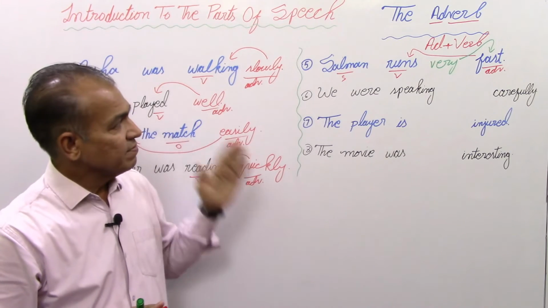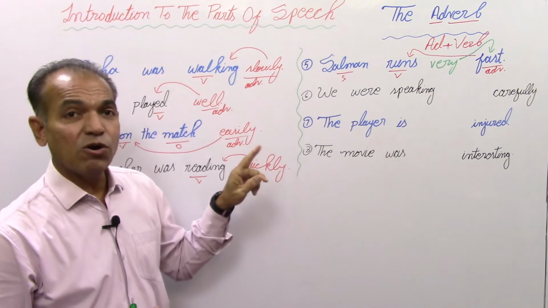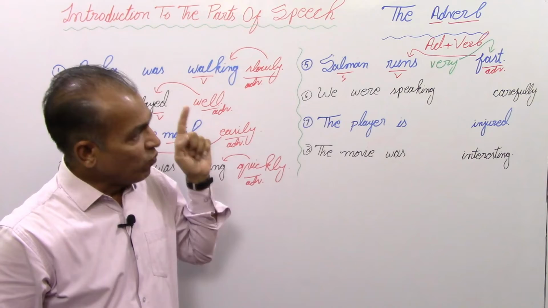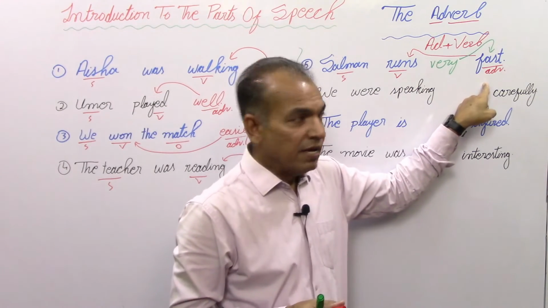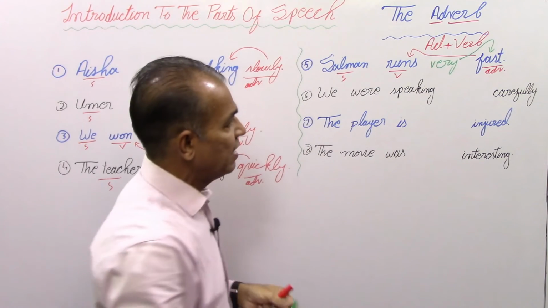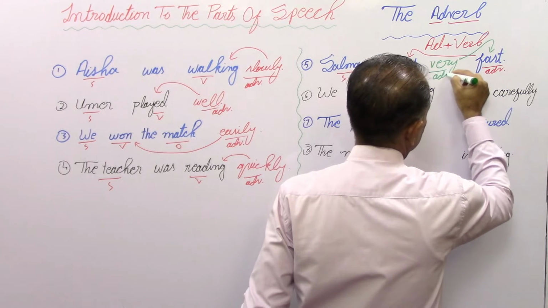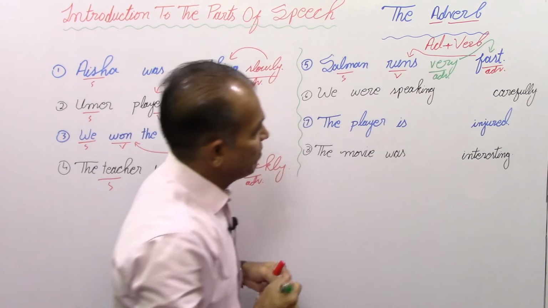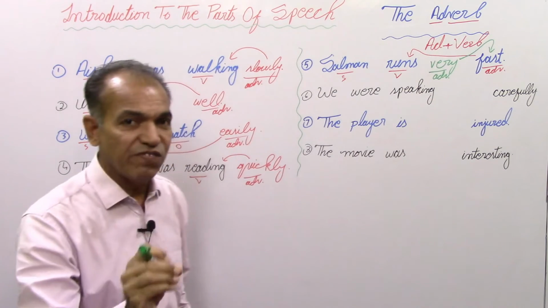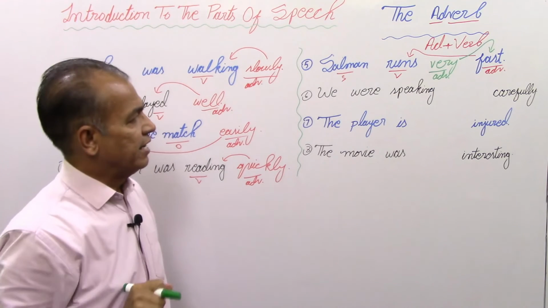It does not say Salman is very or run is very. It says fast is very, means it's telling something about fast. So while fast is an adverb and this word is adding something to the meaning of an adverb, it will also be called an adverb. So here you can see that an adverb has added something to the meaning of another adverb, means it has modified another adverb. So adverb can also modify another adverb.